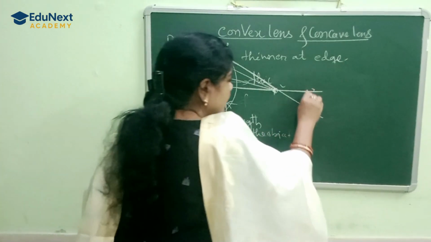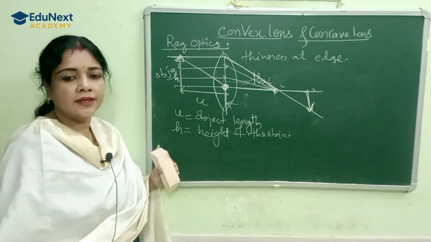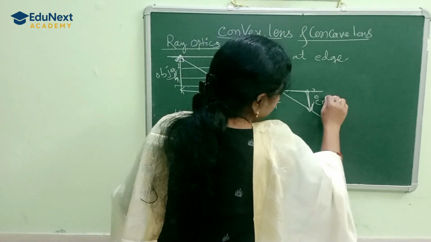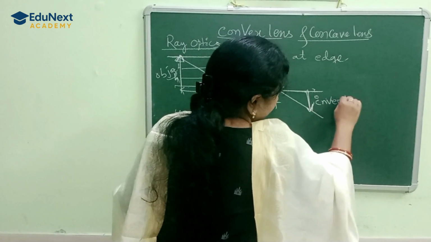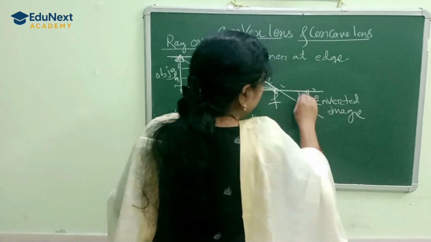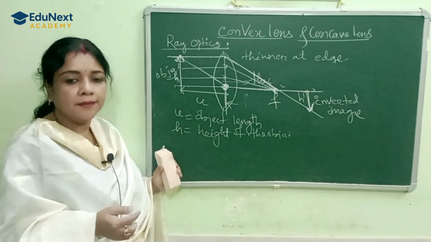Now the image will form inverted. This is an inverted image. H dash is the height of the inverted image.